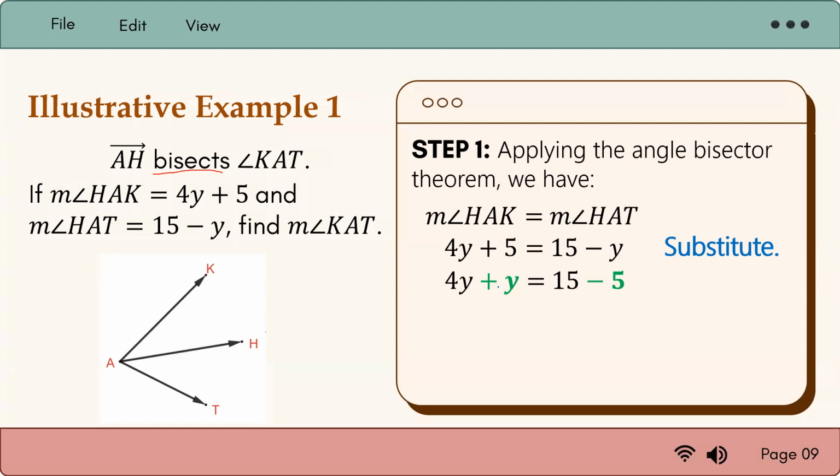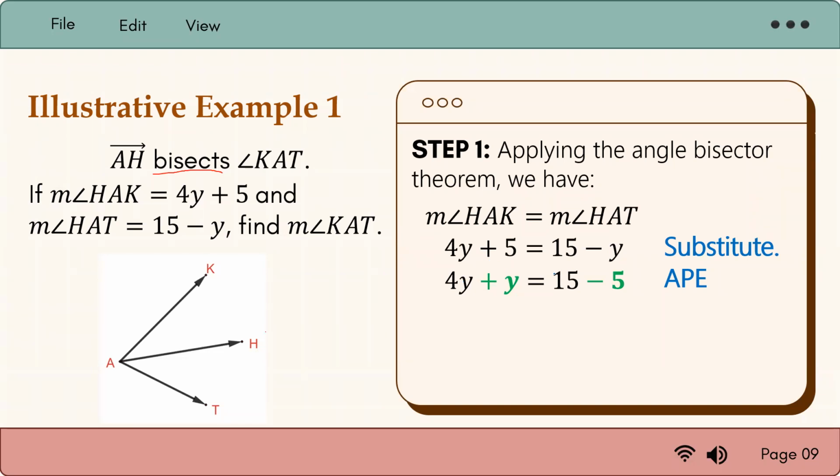Then apply a property of equality, which is addition. We add something here to move it to the other side. You could also use term transposition, but I highly recommend using the APE, or the properties of equality. That's a much more formal approach.